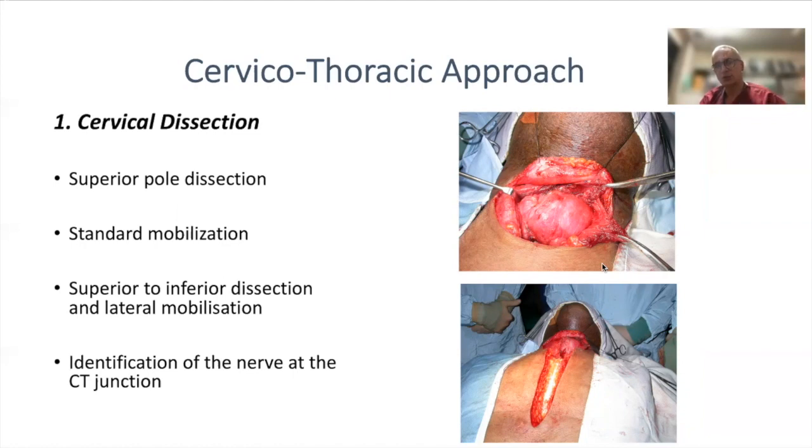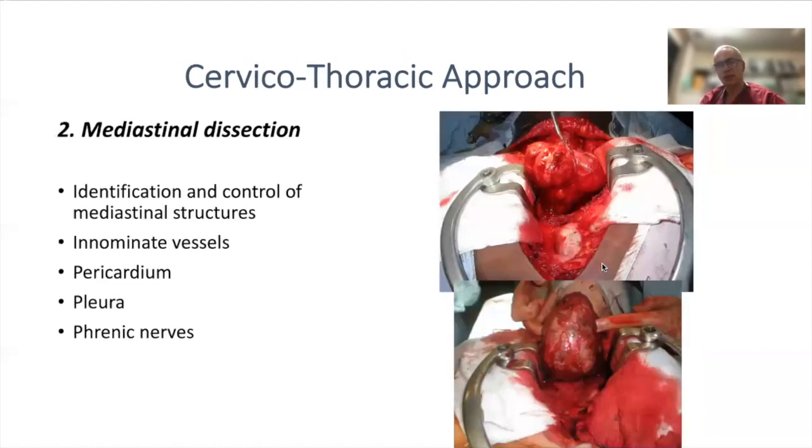So we do first the cervical dissection, as I described earlier. Then we go to the bottom and do the mediastinal dissection, together with the thoracic colleagues, and we identify and control the mediastinal structures: all the innominate vessels, the aorta, the pericardium, and the pleura.